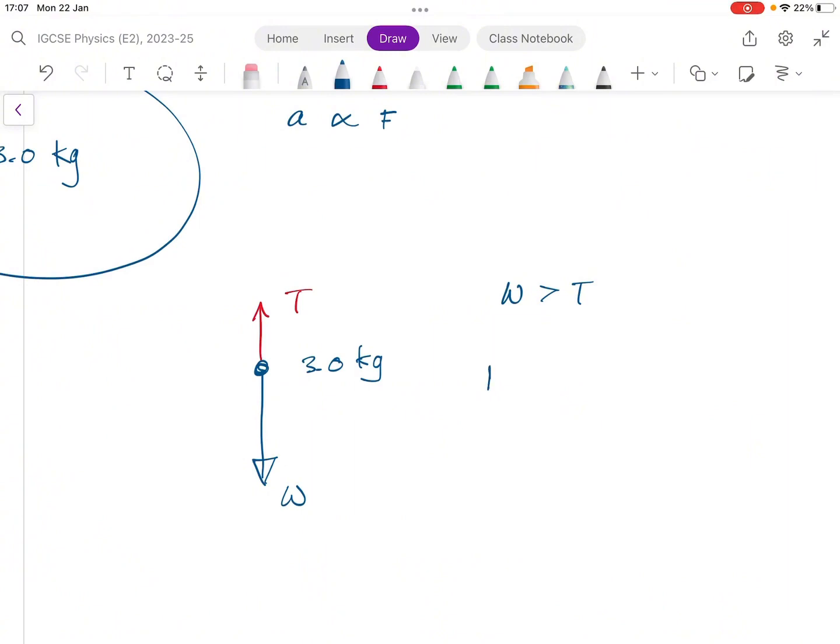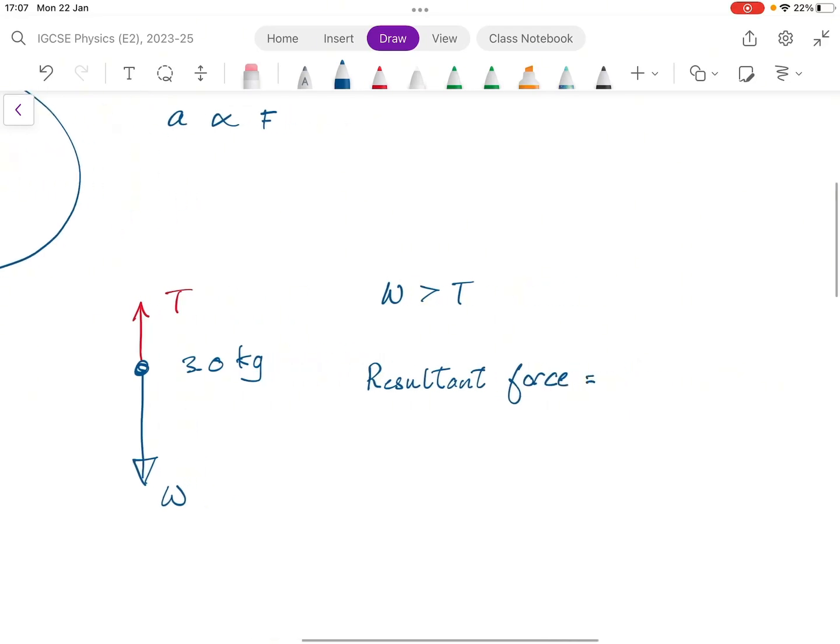So resultant force is going to be the weight minus the tension, because right now the weight overpowers the tension, and so there is a resultant force of some value acting on this 3 kg object.